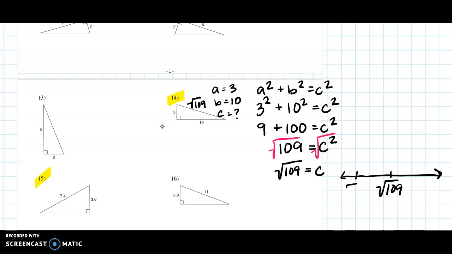I know that the square root of 100 is 10. The one right above it is 121, 11. 109 is a little bit closer to 100 than it is to 121. So we can say this is about 10.4.